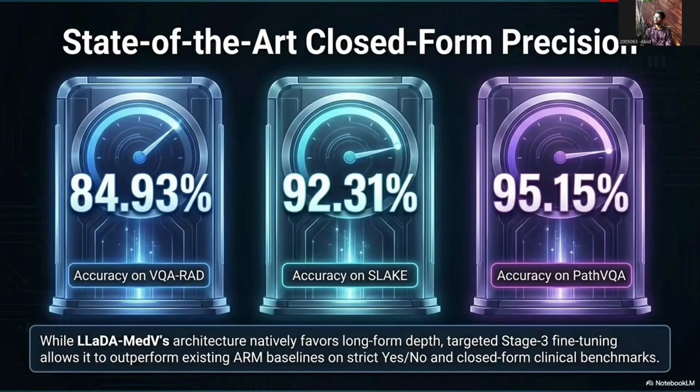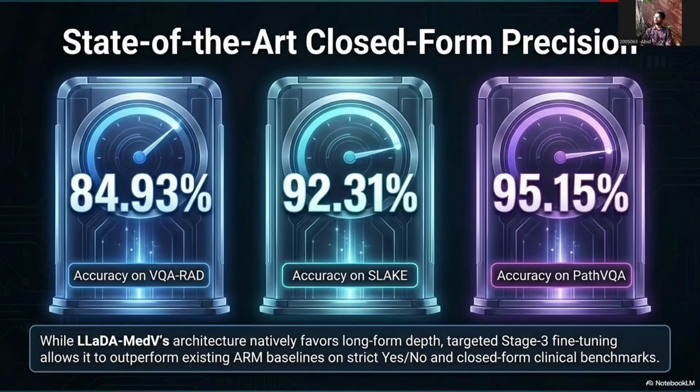Despite being designed for long descriptive answers, the model still excels at strict short-form questions. Look at these three performance styles. It achieves state-of-the-art closed-form precision with 84.93% accuracy on VQA-RAD, 92.31% on SLAKE, and 95.15% on PathVQA.